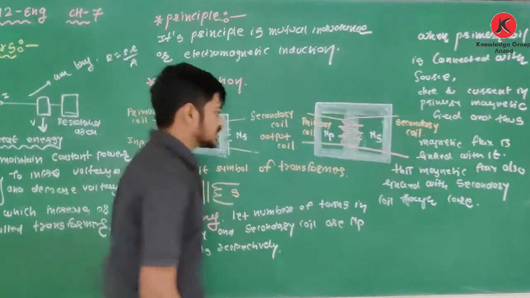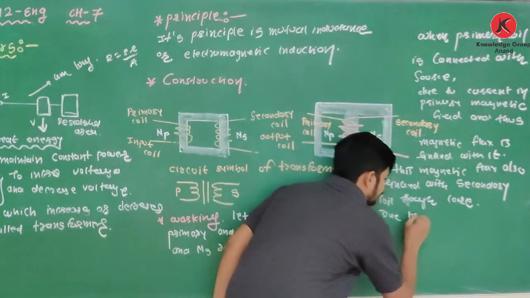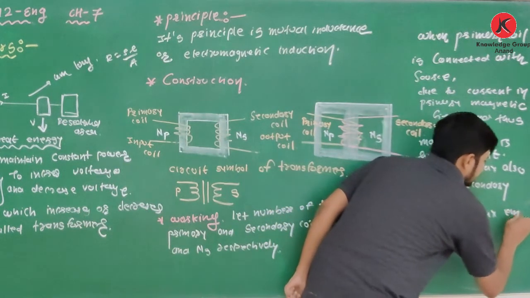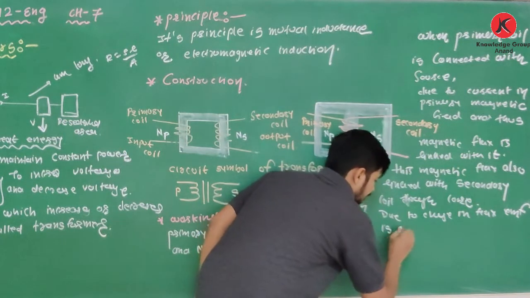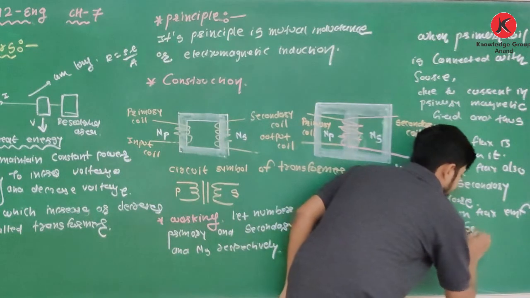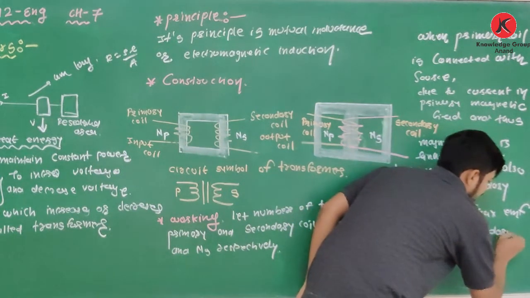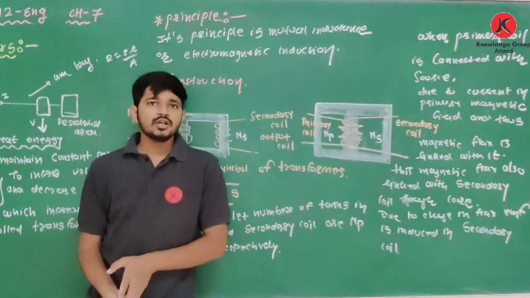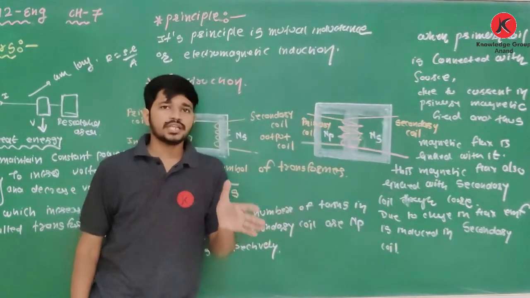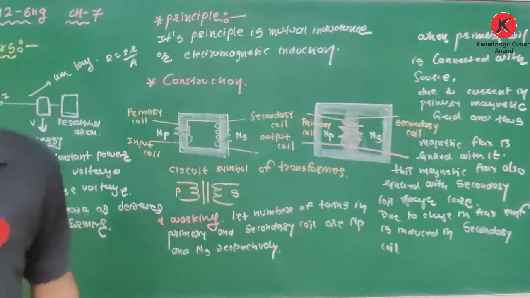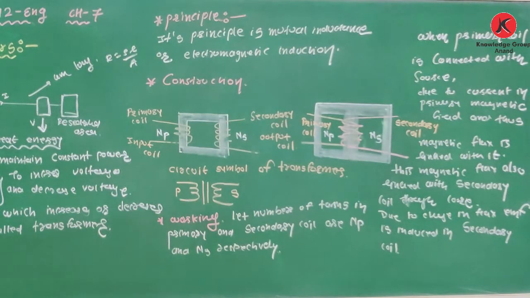And due to change in flux, EMF is induced in the secondary coil. Clear? So that is its working. Now next one is equations for the transformer. So now we will see the equations of the transformer.